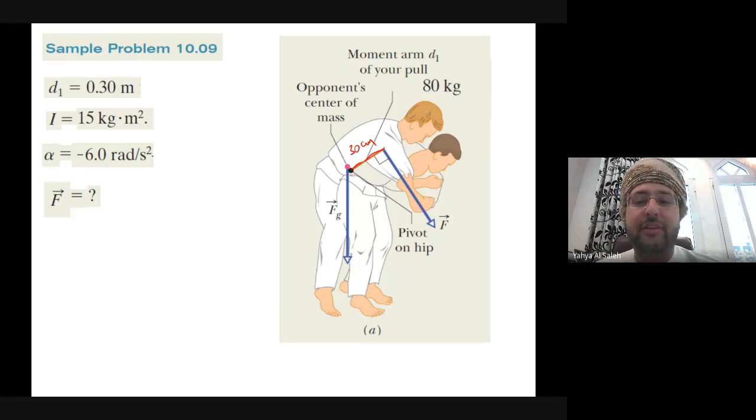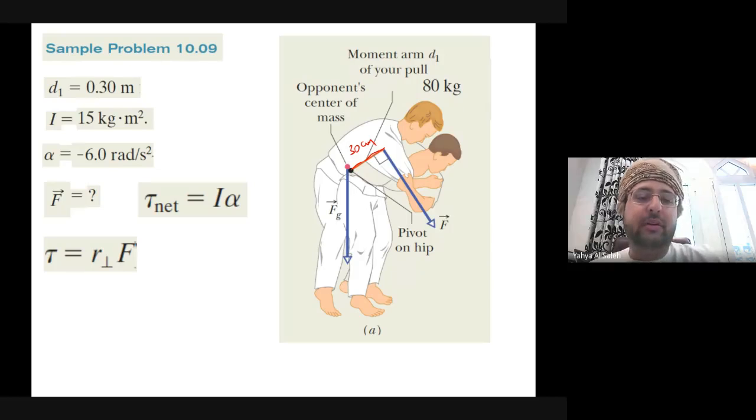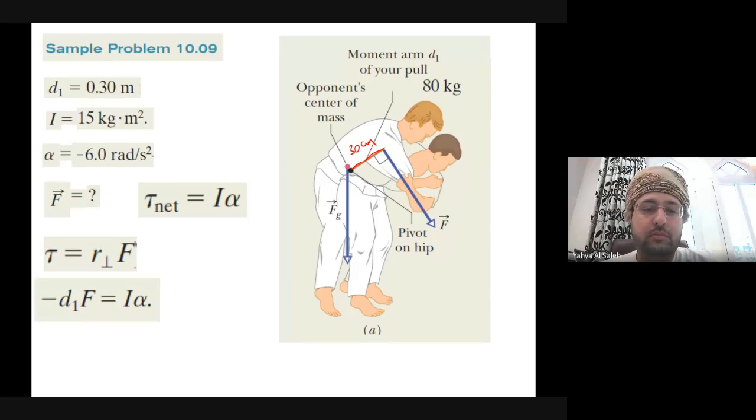What is my F needing to be? Well, we know my torque is equal to I alpha, and we also know that torque equals r cross F. So r F equals I alpha. We put in the numbers, and we end up with 300 newtons.